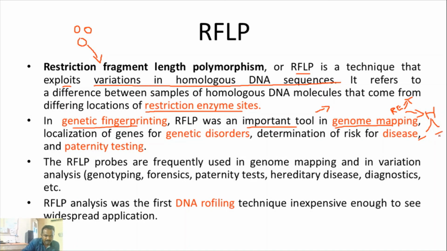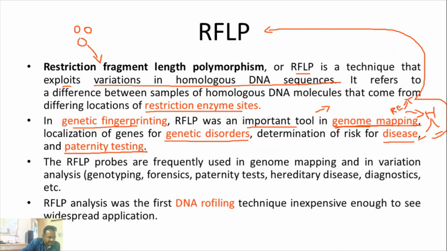These types of mappings are also predicted by the RFLP. That's why I'm saying genome mapping, otherwise called genetic mapping. And also we find out genetic disorders and diseases, especially diseases transferred from the parents, genetic inherited disorders.